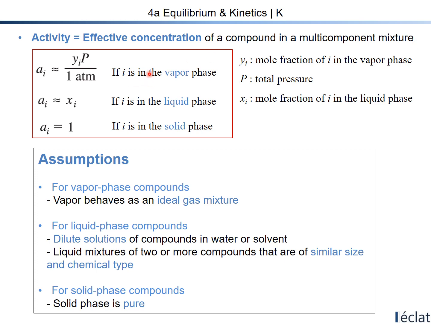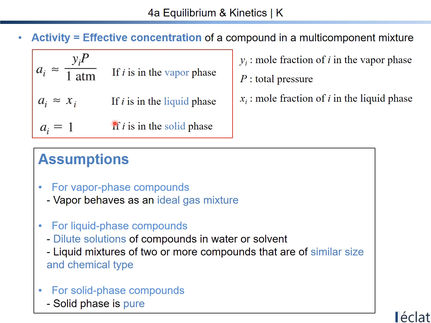If you have the species I in the vapor phase or gas phase, the activity of the species I is approximated by the partial pressure, which is the product of the mole fraction of the corresponding species I with the total pressure per 1 atm. How about liquid phase? Mole fraction of the species I represents the activity of the corresponding species.